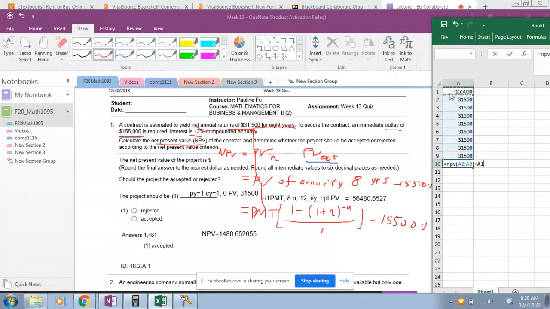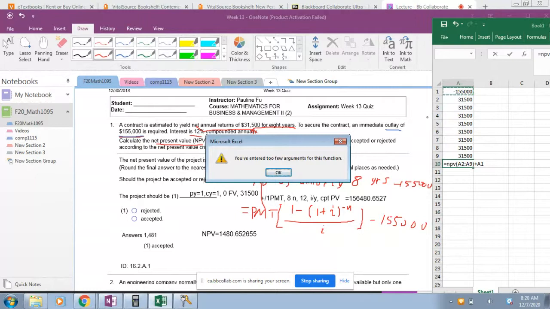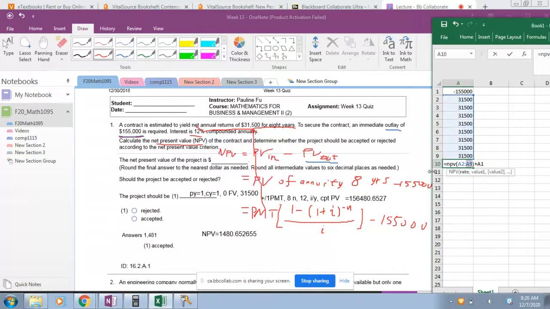So press Enter key. New argument. NPV. Oh, rate. I have to enter the rate. So equal NPV. Rate is 12%. Then comma.